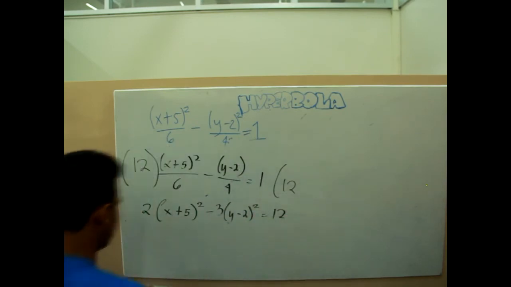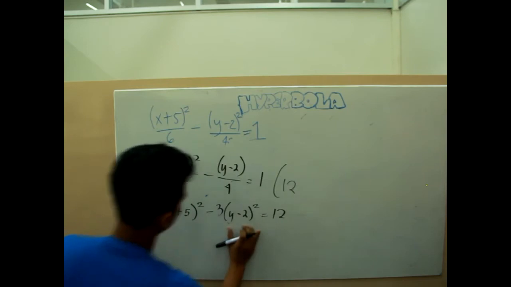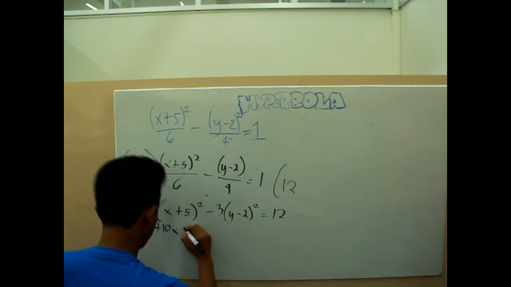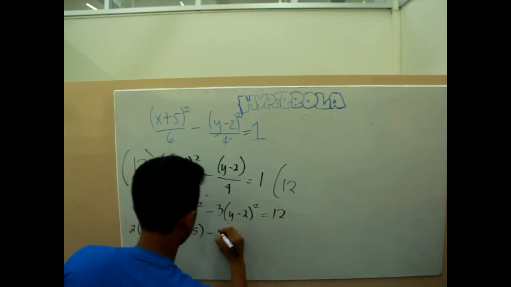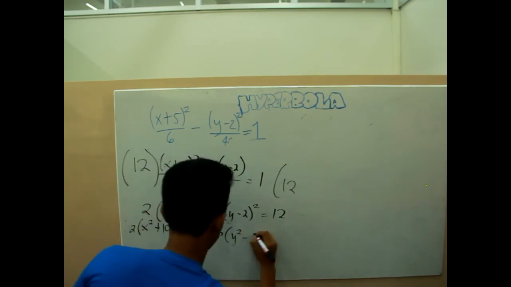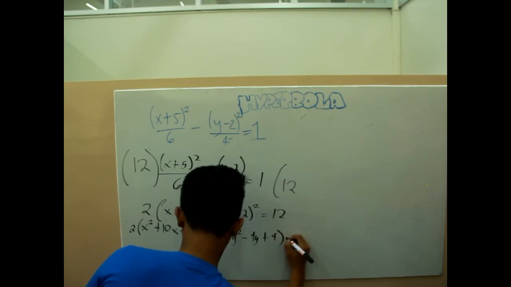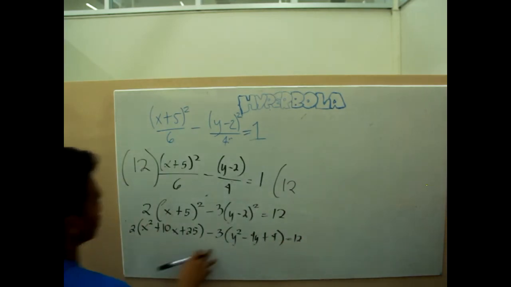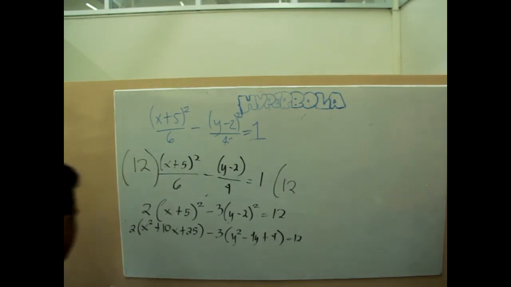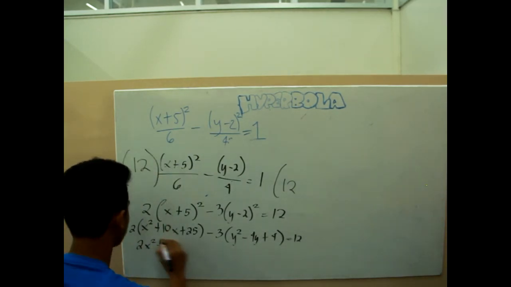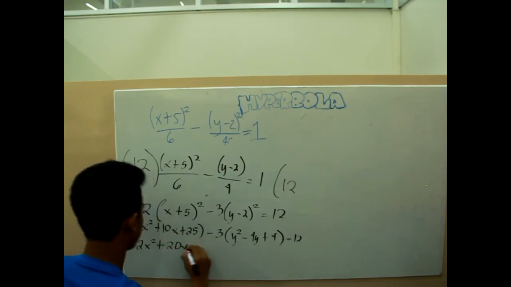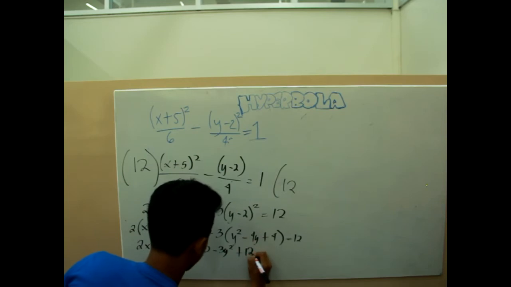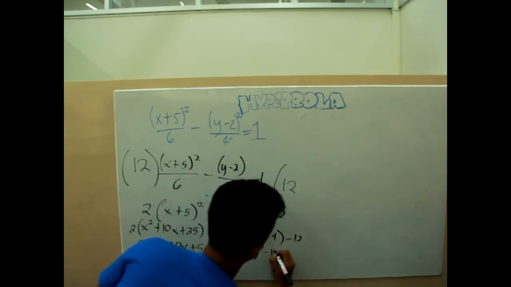So we're going to expand this equation: 2 times x squared plus 10x plus 25, minus 3 times y squared minus 4y plus 4, equals 12. The next step is we're going to distribute the 2 and 3 into the others. So this will become 2x squared plus 20x plus 50 minus 3y squared plus 12y minus 12 equals 12.